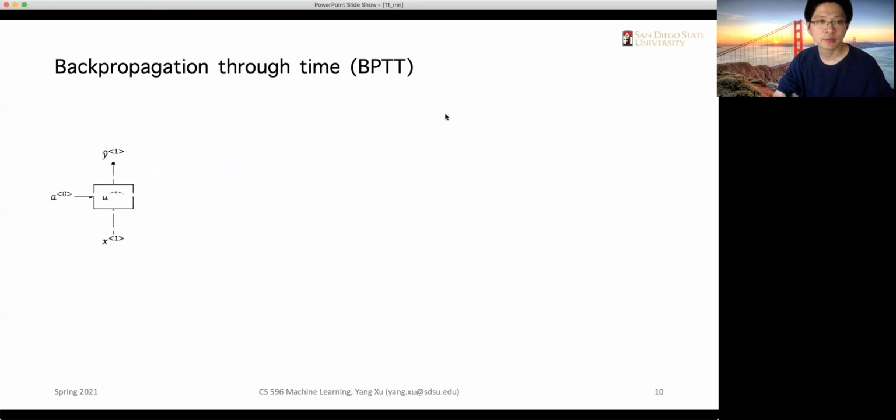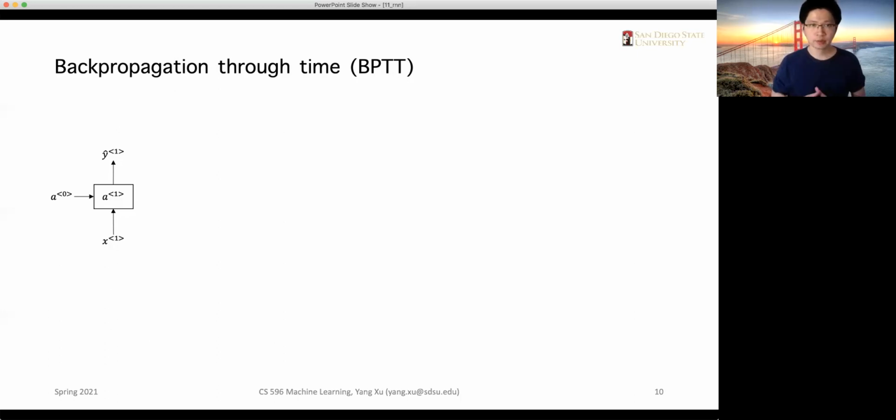Then here comes the key notation for back propagation. The most difficult part of understanding neural networks is the back propagation algorithm, and the special mechanism of the recurrent neural network makes it even trickier.